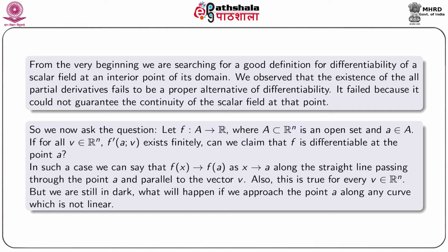In such a case, we can say that f(x) tends to f(a) as x approaches a along the straight line passing through the point a and parallel to v. This we have already proved. Moreover, this is true for every v in R^n. But we are still in the dark about what will happen if we approach the point a along any curve which is not linear.